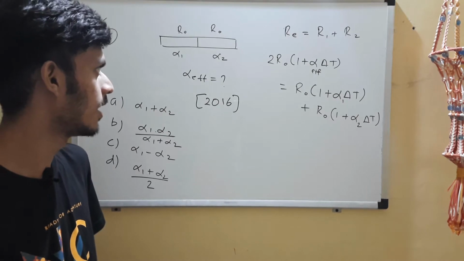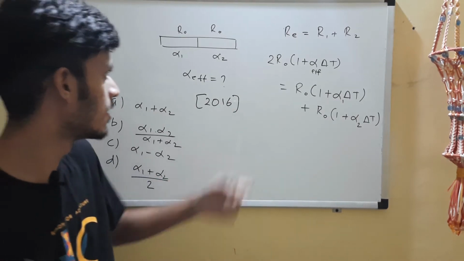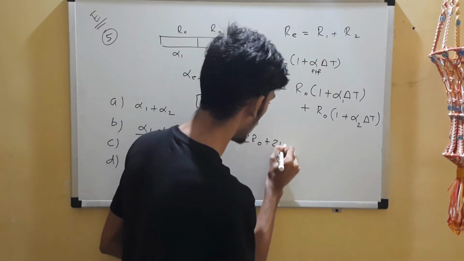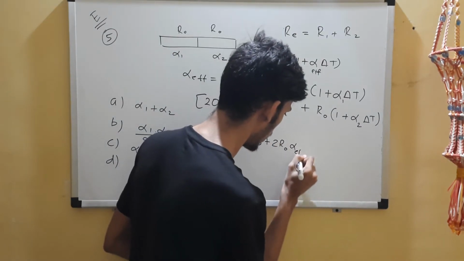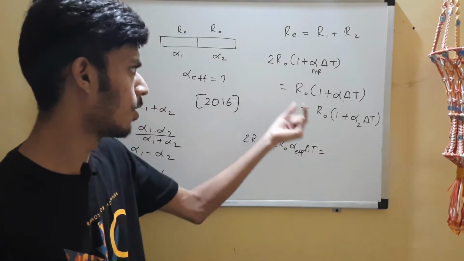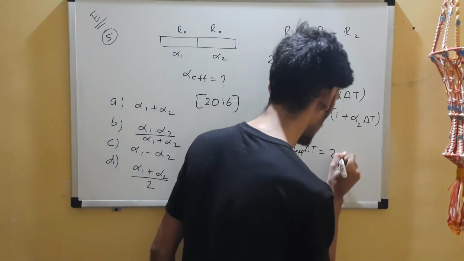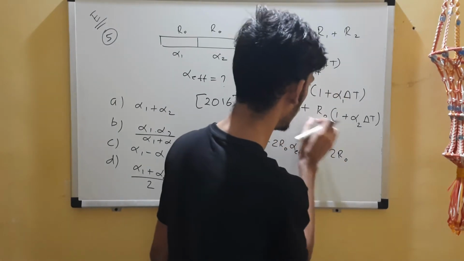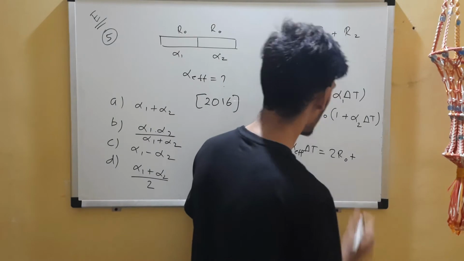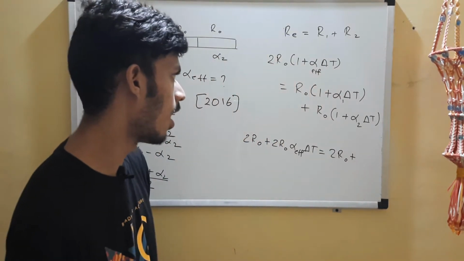So you can see that this 2R0 will get cancelled. Okay, first of all, open that bracket. 2R0 plus 2R0 alpha effective into delta T will give us here R0 plus R0, so you'll have 2R0 again, right? R0 plus R0, 2R0, and here you'll have R0 into alpha.